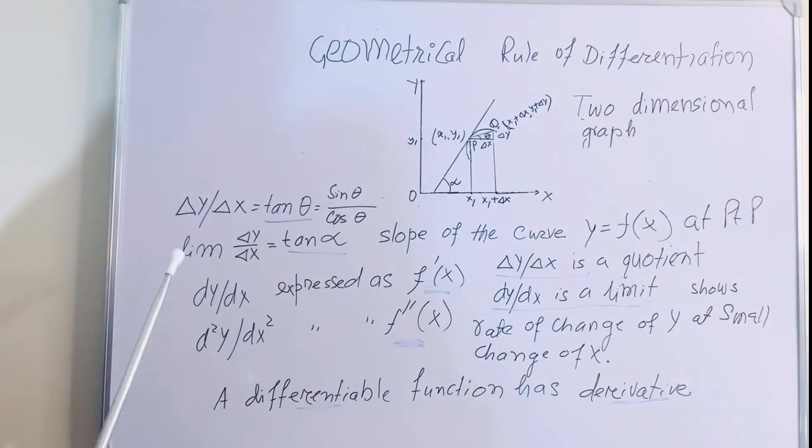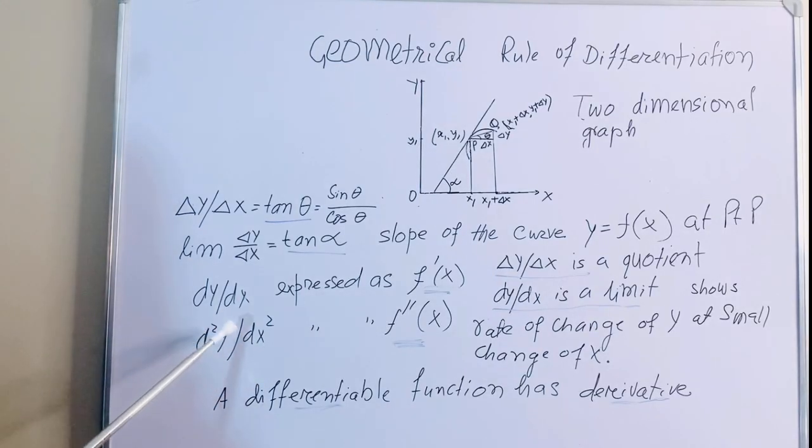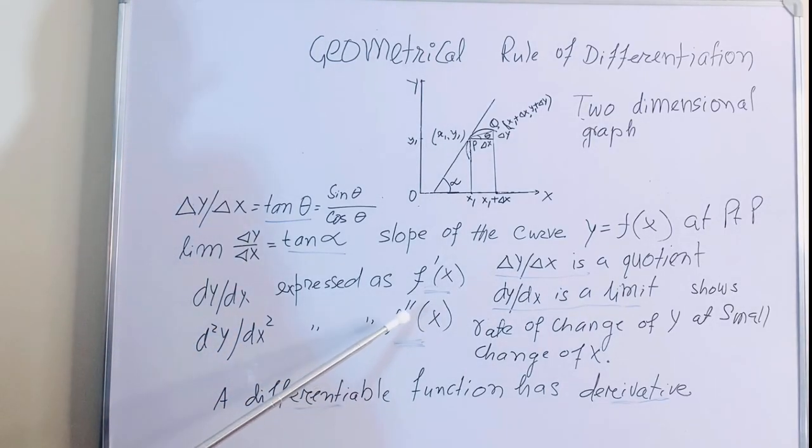Now, in some books we find that dy by dx is expressed as f prime x. That means it is the first derivative with respect to x. When it is the second derivative, d square y by dx square is f double prime x. That means it is the derivative of the first derivative.